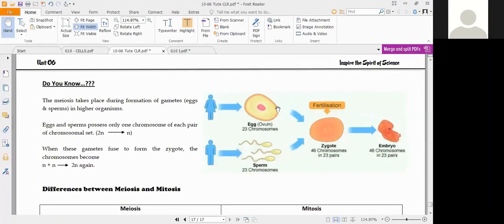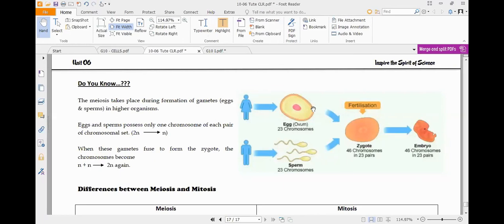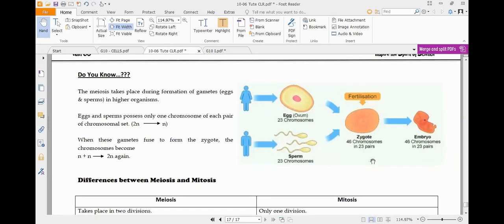You see there, it is regarding fertilization. Meiosis takes place during the formation of gametes, eggs and sperms, in higher organisms. Egg cells or ovum have 23 chromosomes, sperm cells 23 chromosomes. 23 plus 23 gives you 46 chromosomes in 23 pairs, and that is fertilized. The very first fertilized cell after fertilization is what we term the zygote.